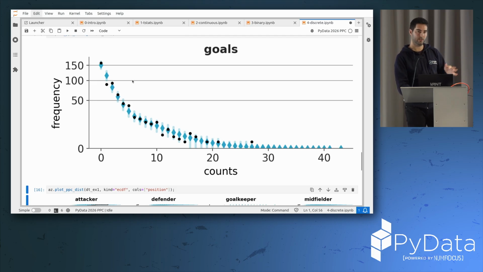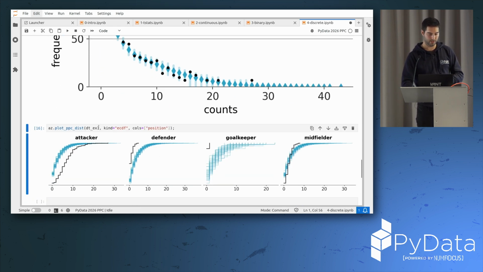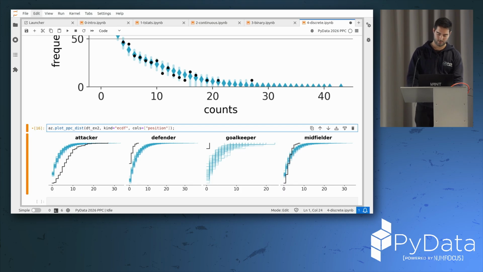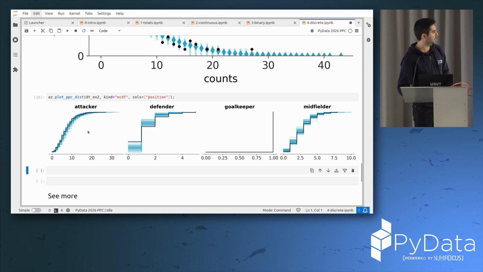This one looks a bit better, but is also struggling with this one. And if we do the same here, we'll see that now it matches a bit better, but the defenders are still a bit off.